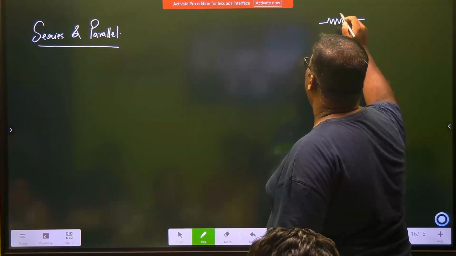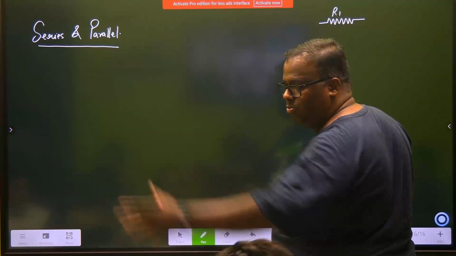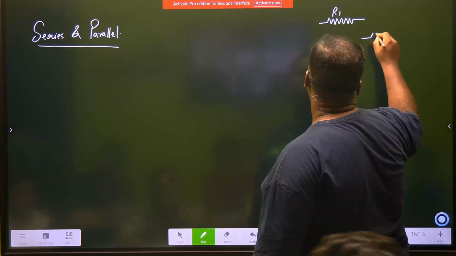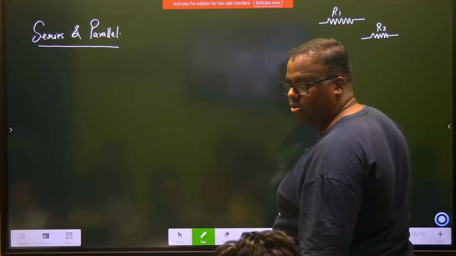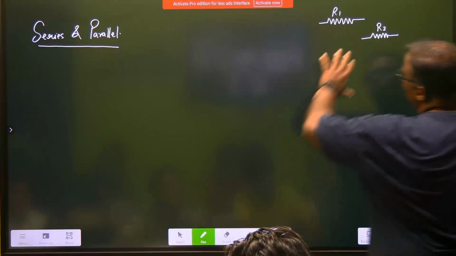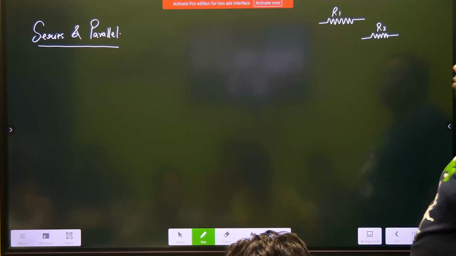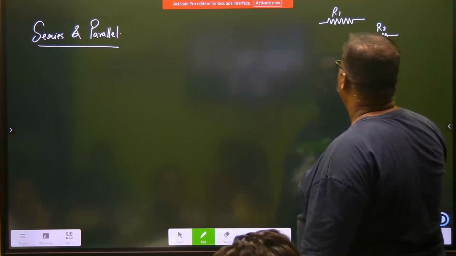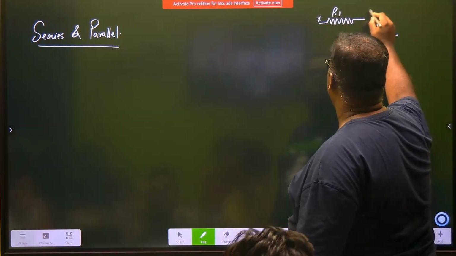So this is a bulb B1 which has a resistance R1. He brought another bulb from his house that has a resistance R2, right? Now there are many ways in which we can connect these two bulbs. One of the orientations is called series. In series, suppose this is the X end and this is the Y end.